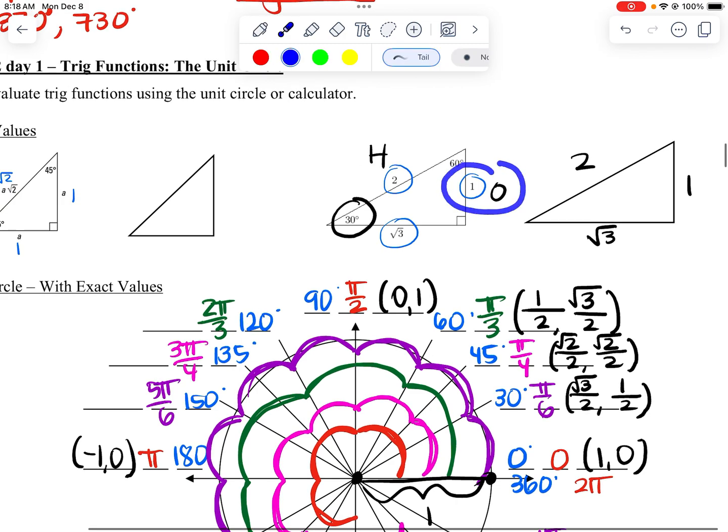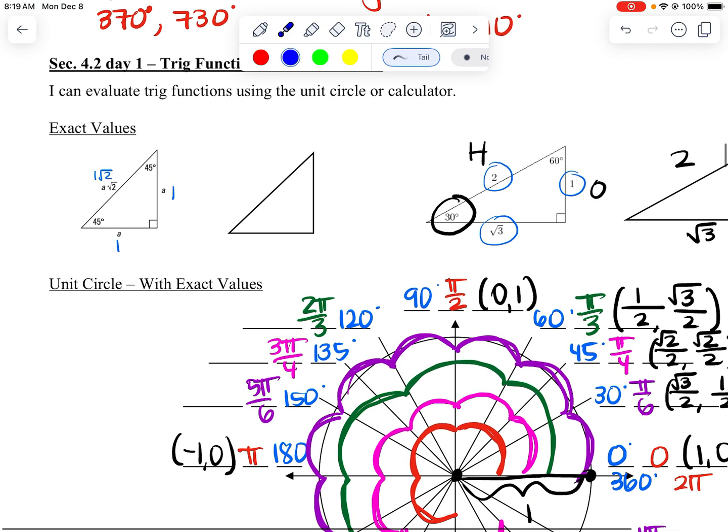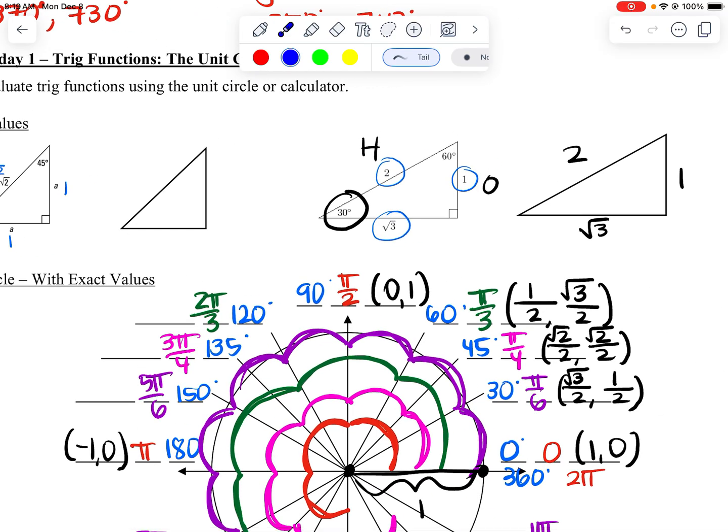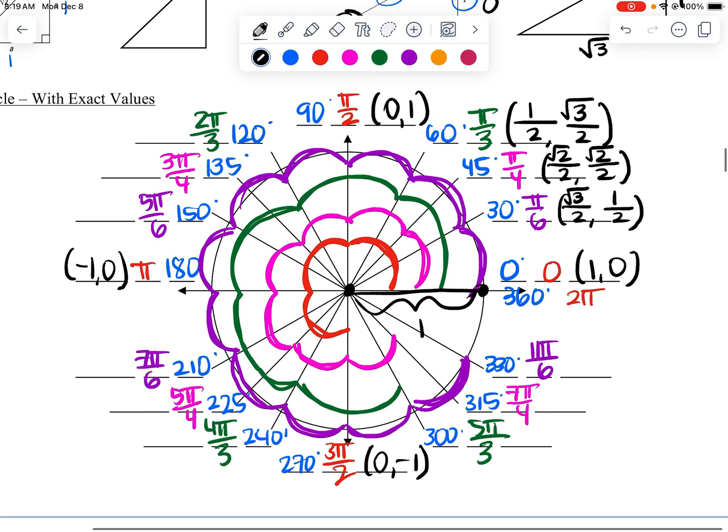So 1 divided by 2 is the sine value, which is the y value. So this is how we got these numbers. Is that super important to know, these 2 special triangles? No, but you can just know where it comes from.